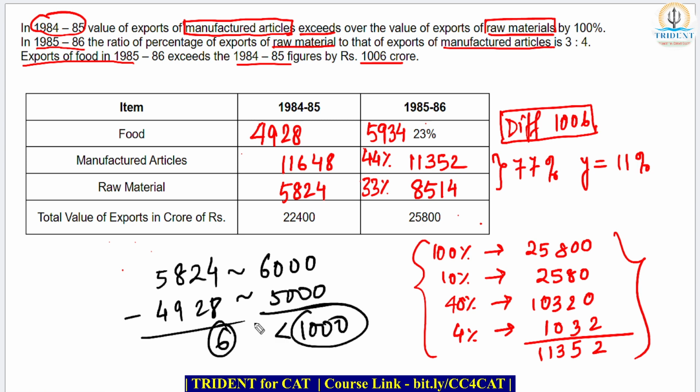Okay, why am I saying less than 1000? Because these numbers are not perfect 6000 and 5000, so that is why the number has to be a little less than this thing. Also, the actual calculation tells you that the unit digit will be a 6, so let's see if there is any luck with that.